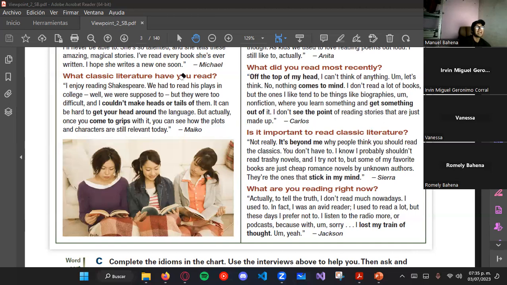And I try not to, but some of my favorite books are just cheap romance novels by unknown authors. Y procuro no hacerlo, pero algunos de mis libros favoritos son novelas de romance baratas por autores desconocidos. They're the ones that stick in my mind. Son las que se quedan clavadas en mi mente. Perfect. Thank you very much.